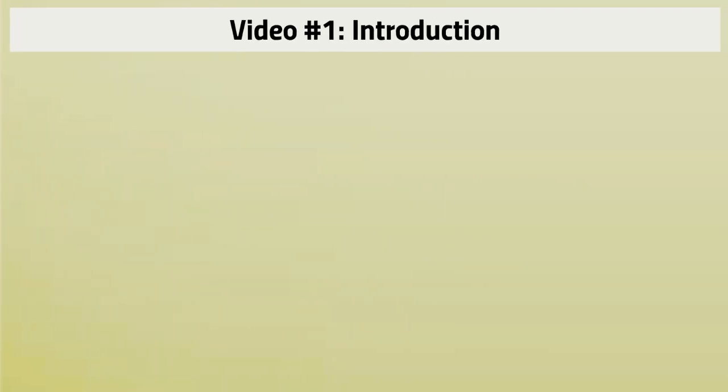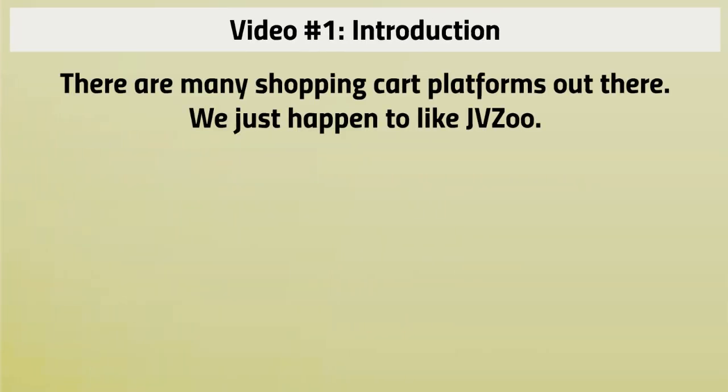So this is video number 1, which is the introduction. Now, there are many different shopping cart platforms out there. We just happen to like JVZoo. We've tested many shopping carts over the years, and honestly, we've come back to JVZoo. There's nothing wrong with the other shopping carts out there as well, but really what it comes down to is choosing something that will fit you.